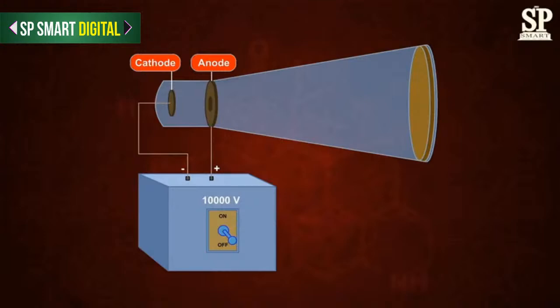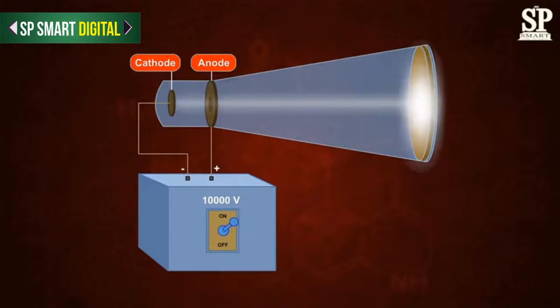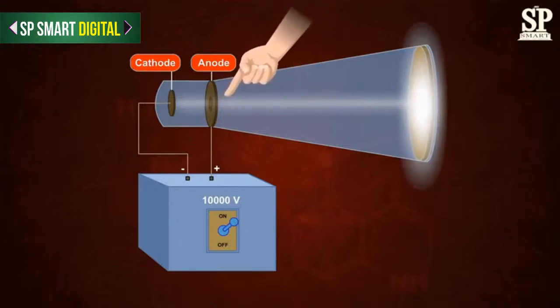Usually, gases are bad conductors of electricity, but due to the reduced pressure and this high voltage, they conduct electricity. When the power was switched on, it was noticed that the cathode emits some invisible rays, which travel towards the anode.